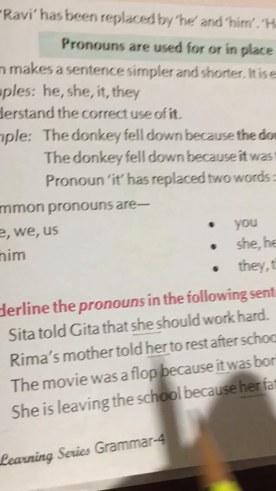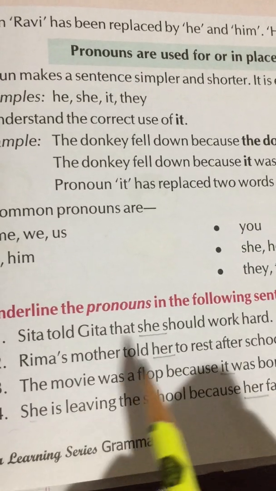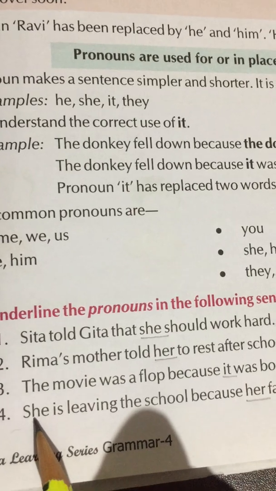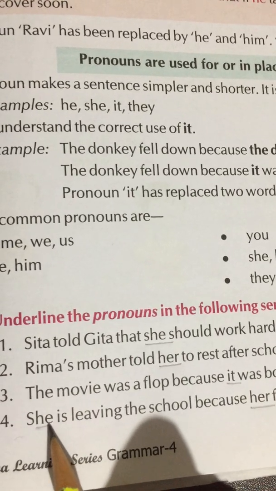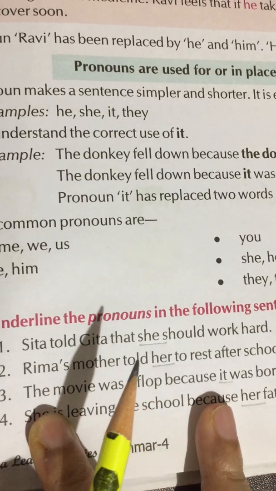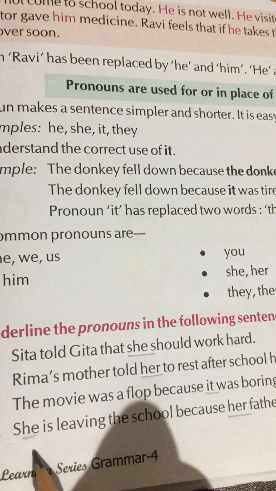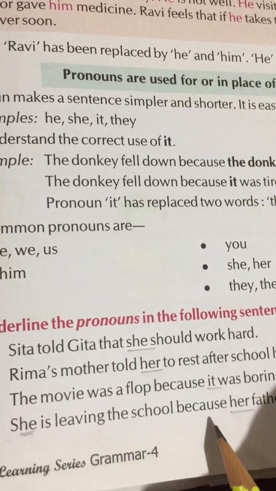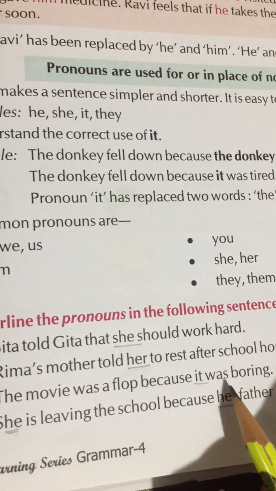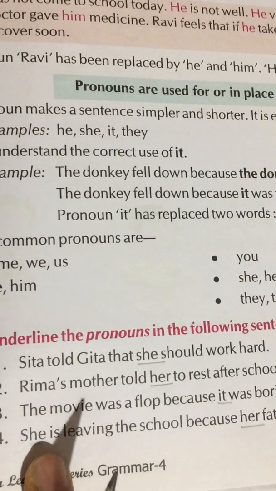You can say that she is also a pronoun. Yes, she is also a pronoun, but in this sentence we have to underline the pronoun that has been replaced. So here her is a pronoun that has replaced she.